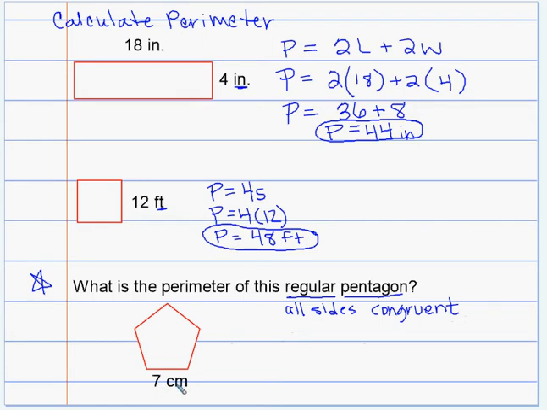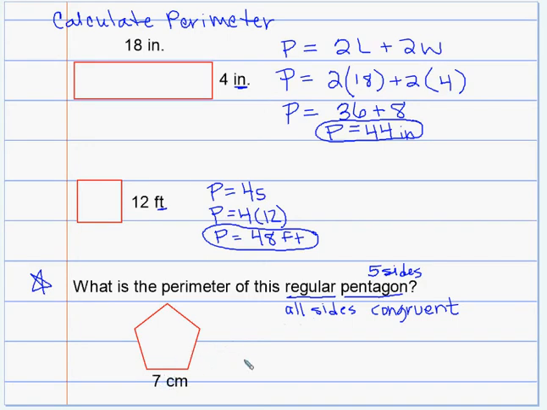If they tell me that one of the side lengths is 7 centimeters and I know it's a regular pentagon, then I know that all of the side lengths are 7 centimeters. Pentagon I know has 5 sides, can also tell because they drew the figure for me. However, they won't do that for every problem, so you need to know how many sides you have.